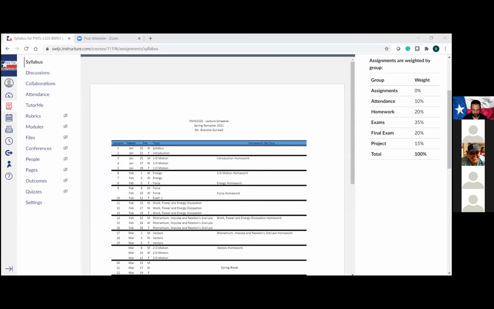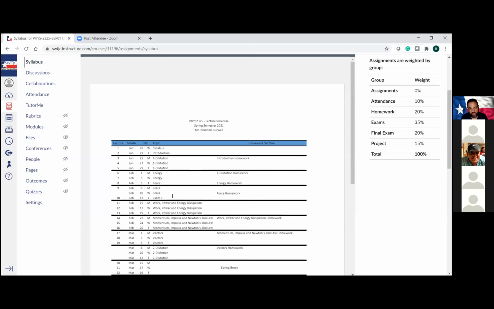Today we started talking about force, and we'll continue that on Monday and Wednesday. Our exam 1, I think it was supposed to be on either Monday or Wednesday. I don't remember what the original date was, but now it's going to be next Friday. So be ready for that one.